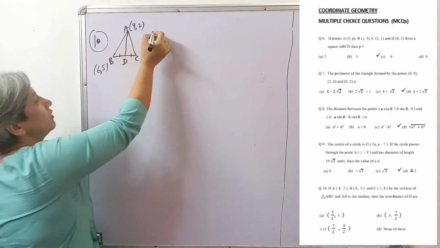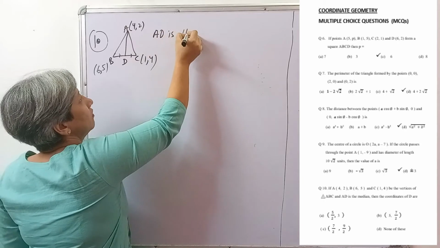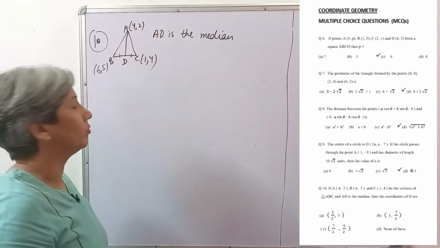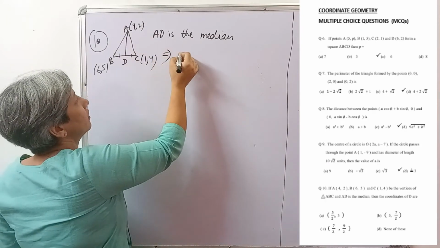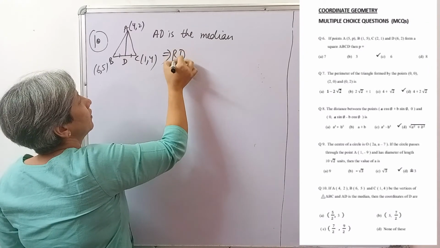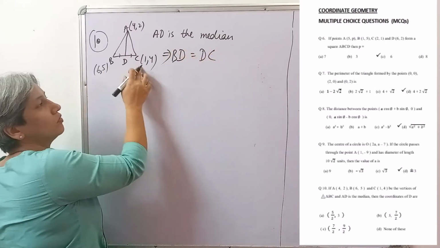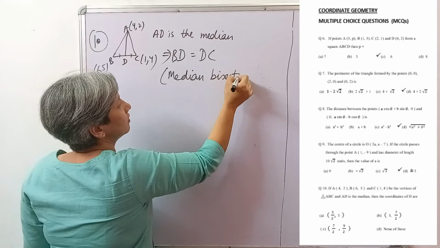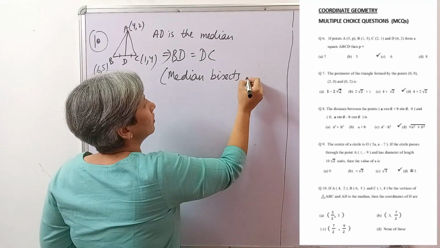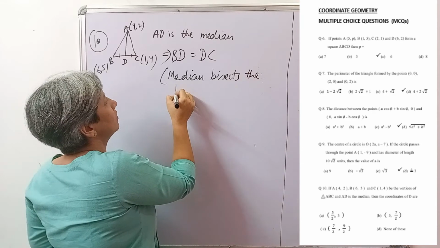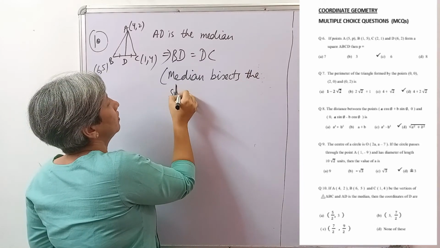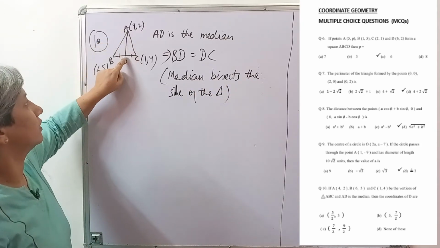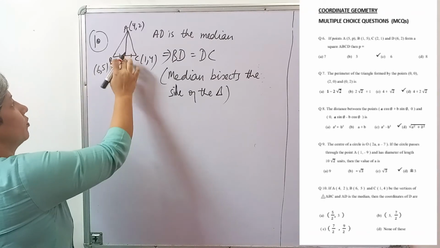Now since AD is the median from A on BC, that means BD is equal to DC. Why? Median bisects the side of the triangle, it touches it at its midpoint.